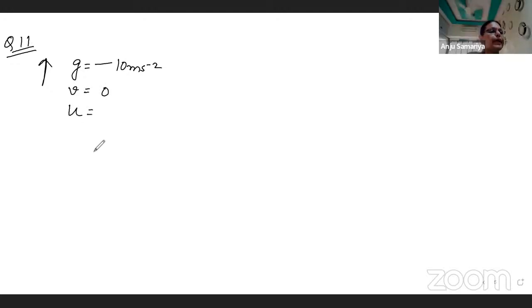A ball is thrown vertically up. It goes to a height of 20 meter and returns to the ground. So U is not given to us. Height is given, 20 meter. So find the initial velocity. Which formula will be used?